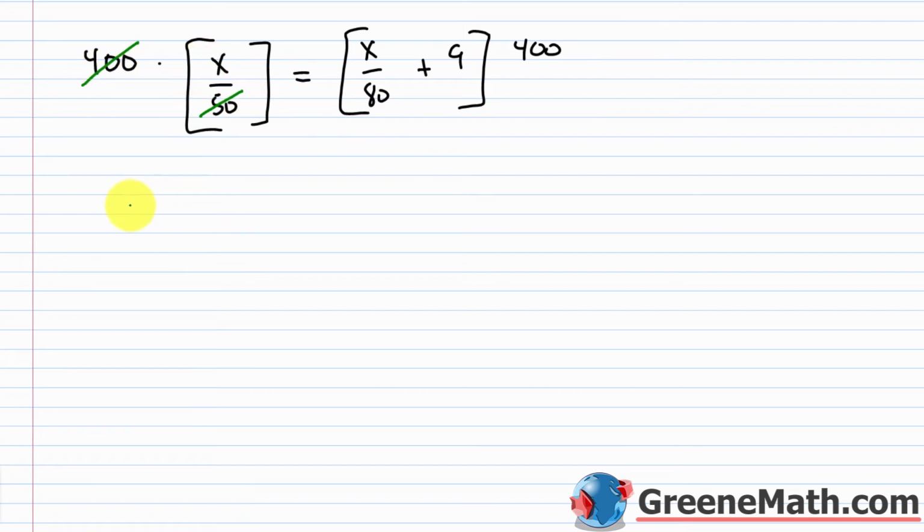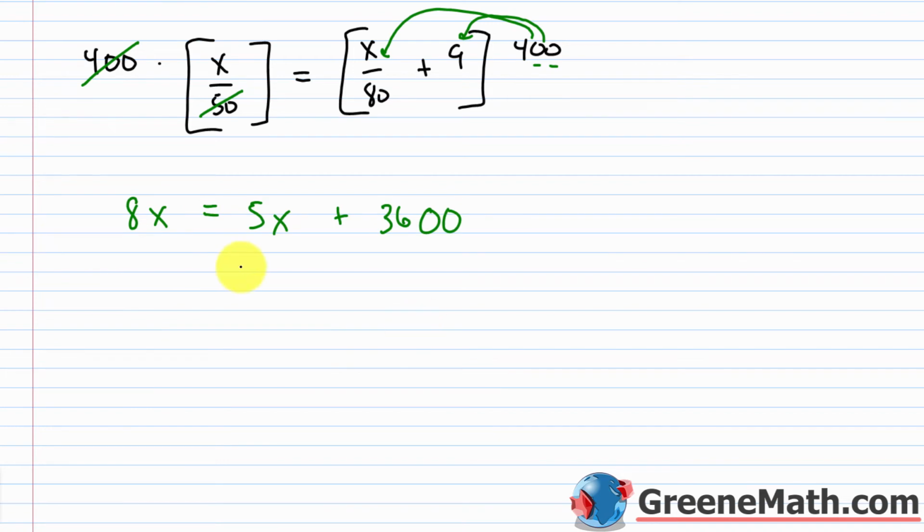So this would be 8x. And this is equal to, if I do 400 times x over 80, the 400 would cancel with the 80 and give us a 5. So you'd have 5x. And then plus 400 times 9. The quick way to do that, 4 times 9 is 36. Put 2 zeros at the end, so you'd have 3,600 there.